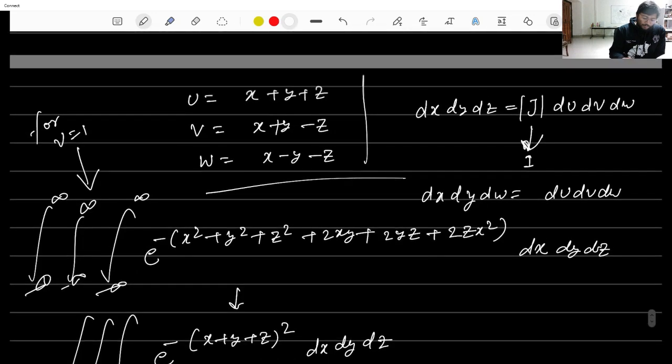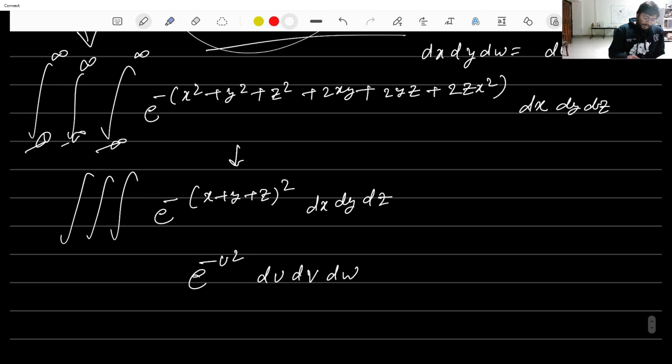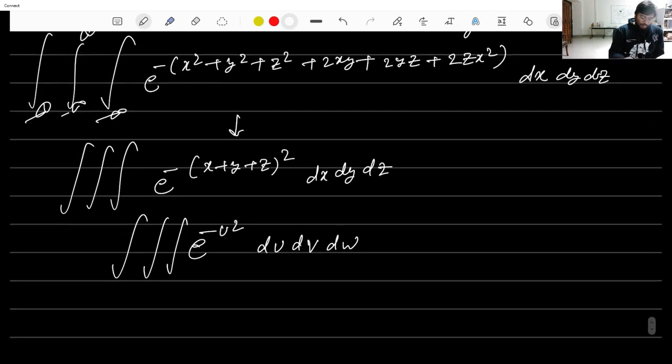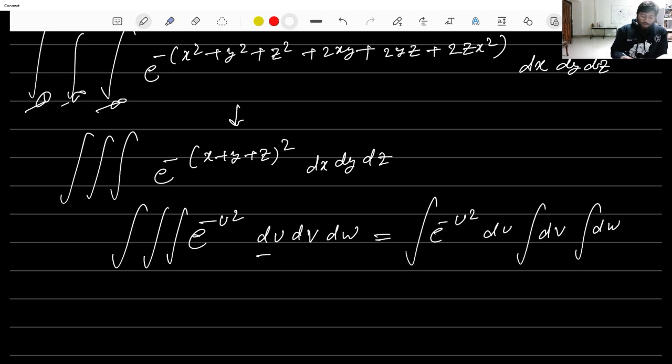If you want to check whether these three are independent coordinates or not, why do we want to check? Because here we are doing a higher dimensional Gaussian integral. So we have to take care that if u, v and w are independent coordinates, then this integration can be written like this. If u, v, w are not independent coordinates, then you can't write LHS equals RHS.